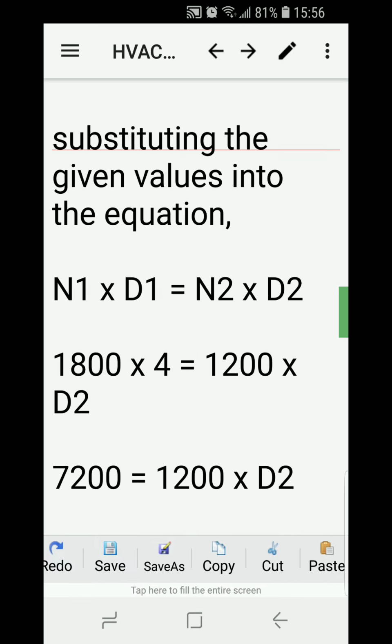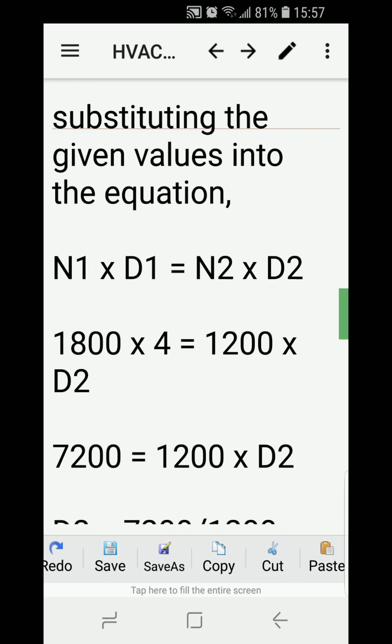So we substitute the given values into the equation. We have N1 times D1 is equal to N2 times D2. So for N1 we got 1800 RPM. D1 is 4 inches. N2 is equal to 1200. And we keep D2. D2 is the unknown.